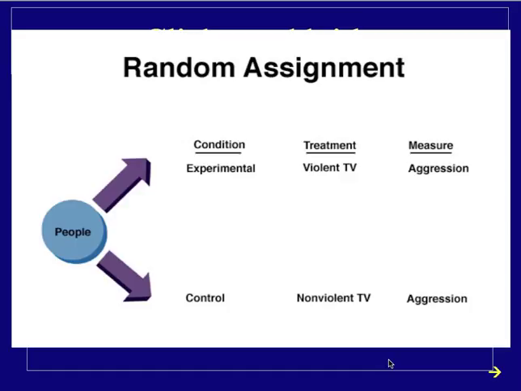Now, if we didn't randomly assign them to these two different conditions, the experimental condition where they're going to view some violent TV in a controlled environment, or the control condition where they're going to view some non-violent TV in a controlled environment, and then the outcome measure or the dependent measure is how much aggression they engage in after they've watched either the violent TV or the non-violent TV.